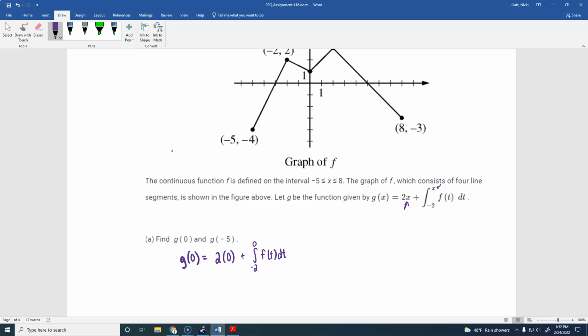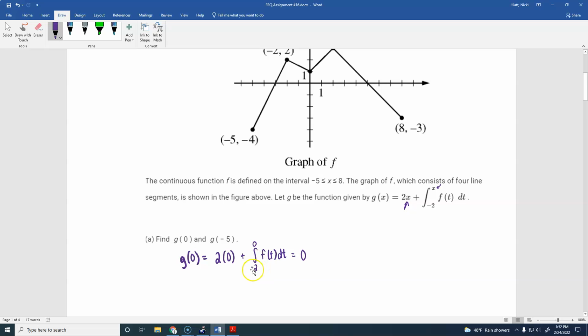Okay, so we're plugging in 0 for the x in this equation. All right, so 2 times 0, of course, is just 0.